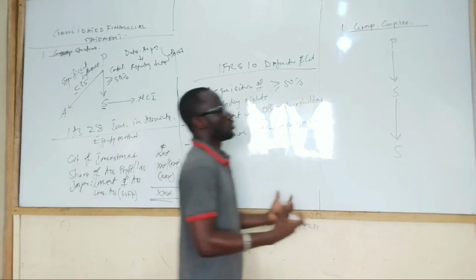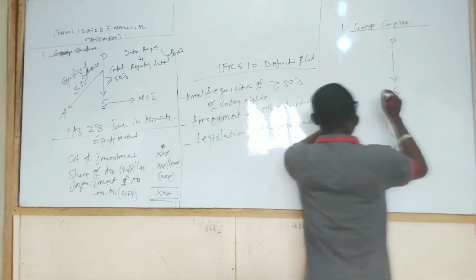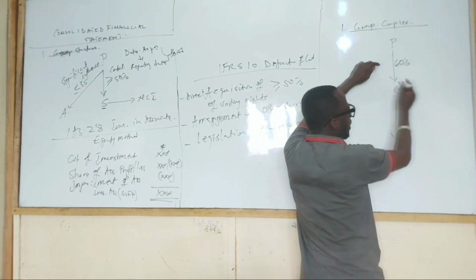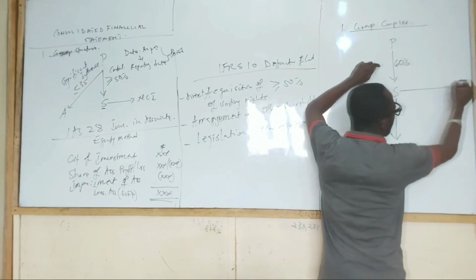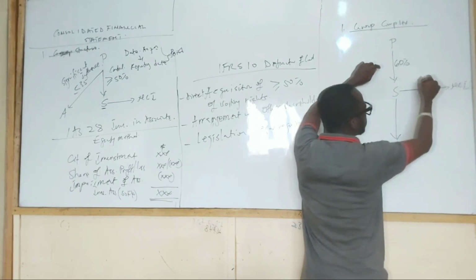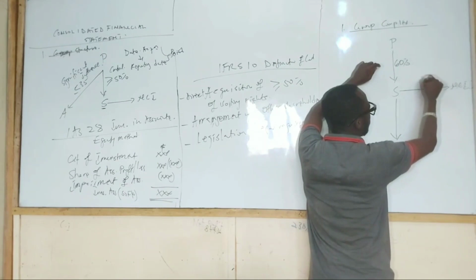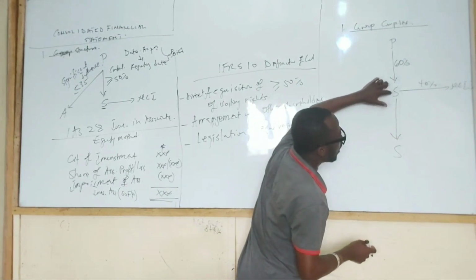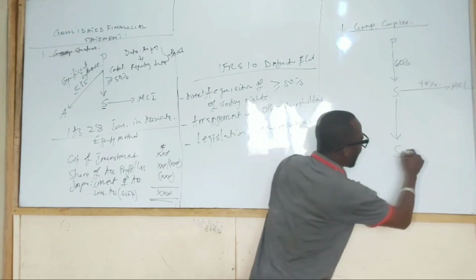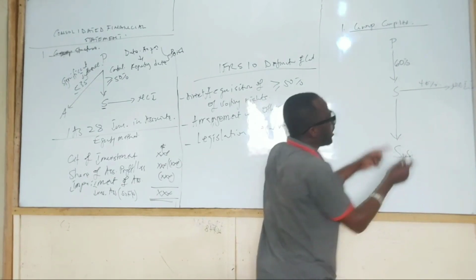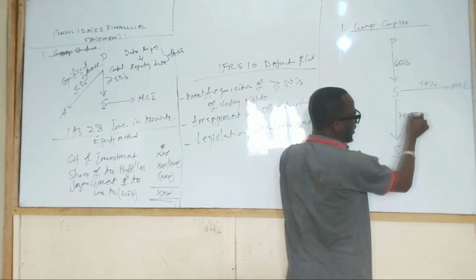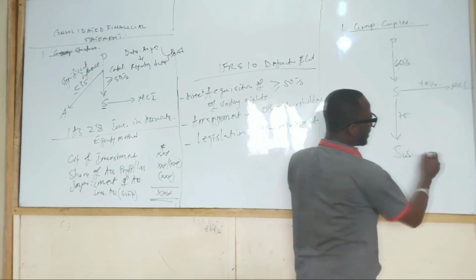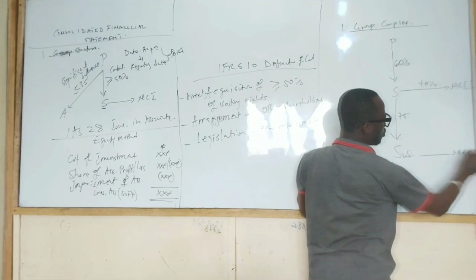Please note, for instance, if the parent has 60% ownership in the subsidiary, meaning at this level the non-controlling interest is what? 40%. Now, if the subsidiary also has control over another subsidiary of, say, 75%, don't go and say the NCI is 25%.